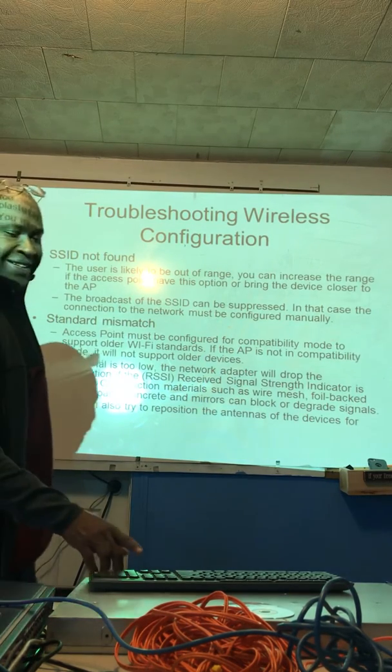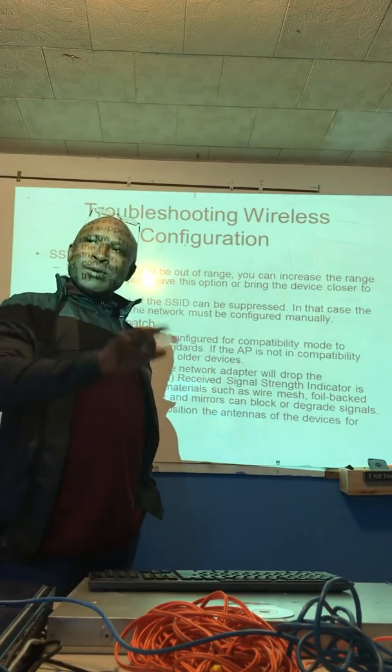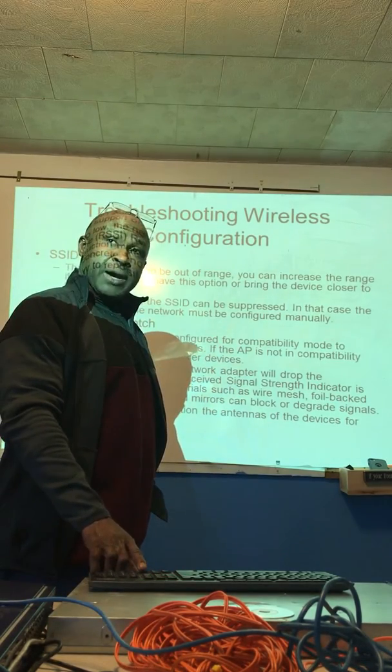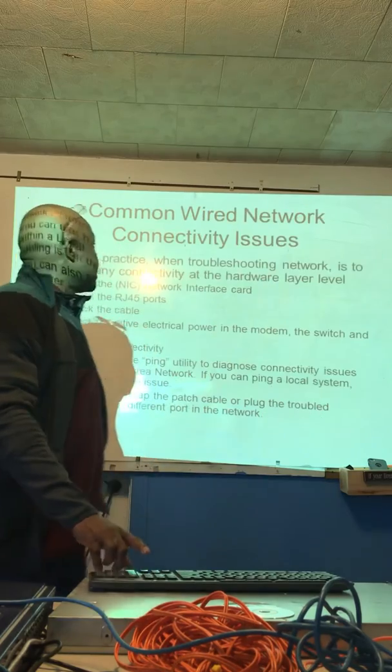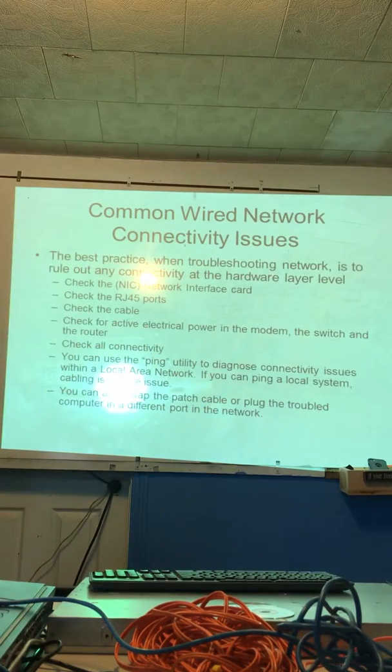So you're going to pay attention to the circumstances to figure out why your wireless is not effective or is not strong enough.